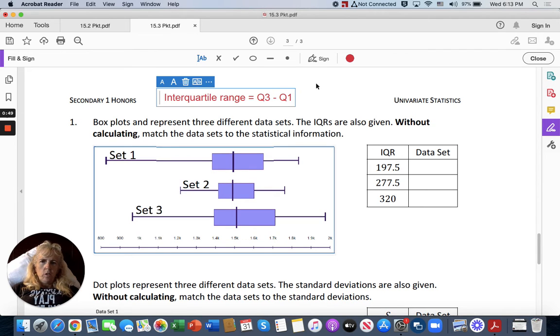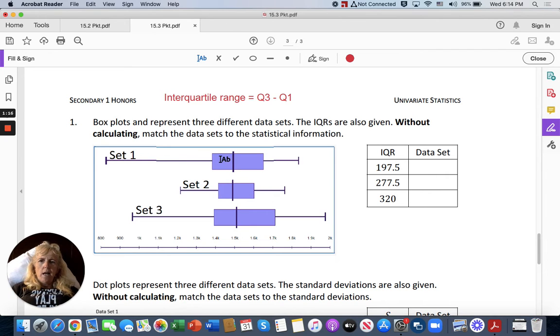Quartile 3 is right here at this point, and quartile 1 is right here at this point. So that's the interquartile range. Here's the minimum, here's the maximum, and right here I think is the mean. I can't remember if it's mean or median. We'll go over that later.